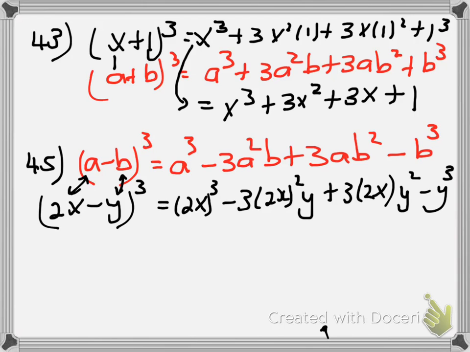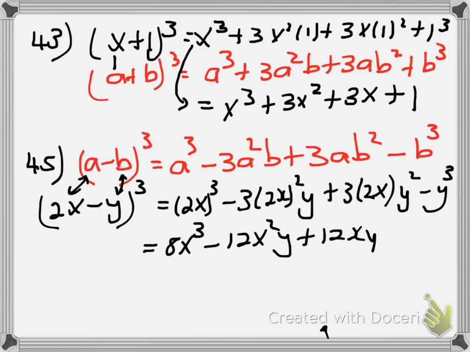When we multiply that all, 2 cubed is 8x cubed. 4 times 3 is minus 12x squared y. 2 times 3 is plus 6xy squared minus y cubed. Final answer.